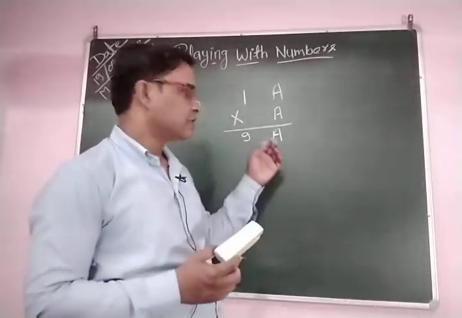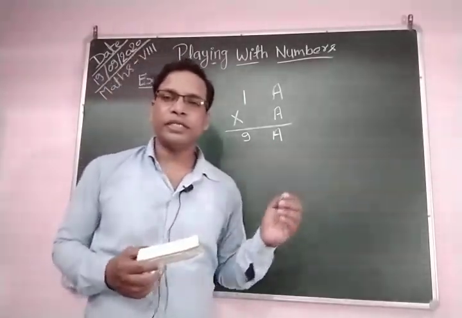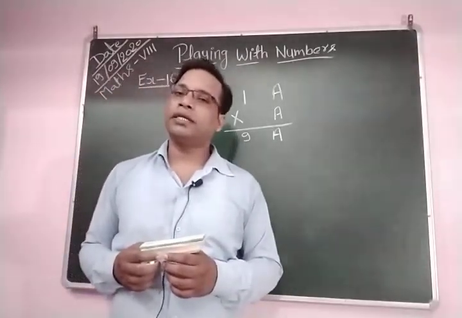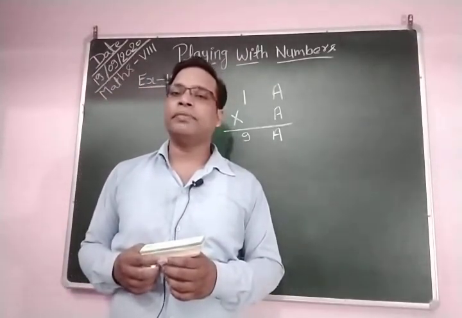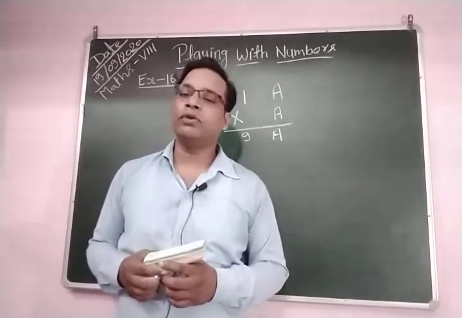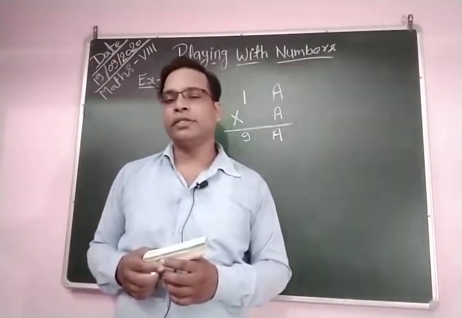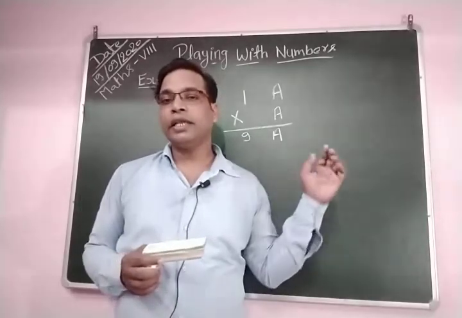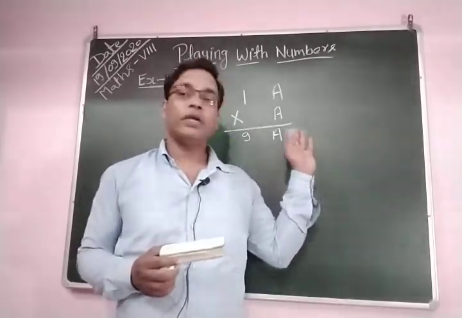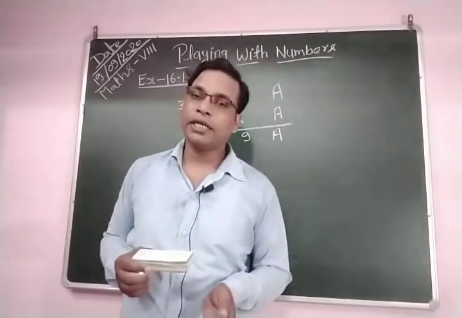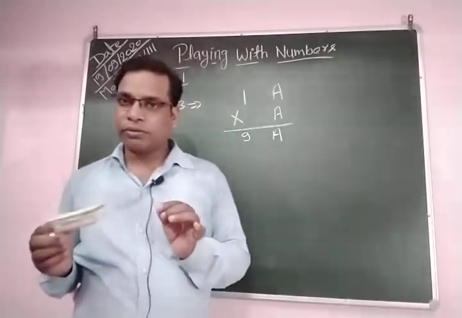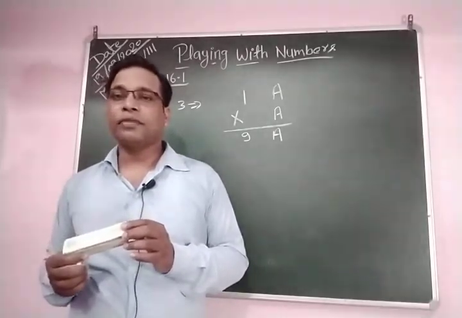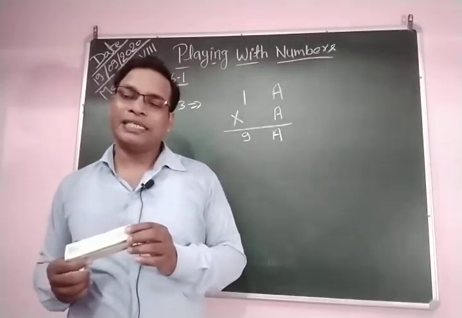Only certain digits, when we multiply them by themselves, give that same digit in the unit place, for example 0: 0 by 0 gives 0. If you multiply a digit by itself, the result should end in that digit.